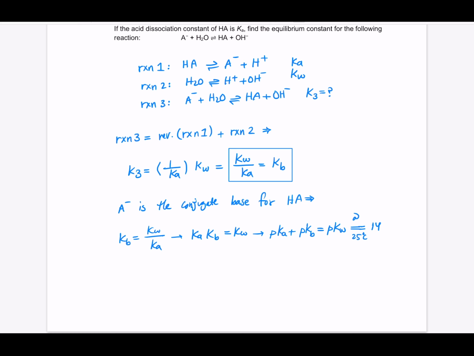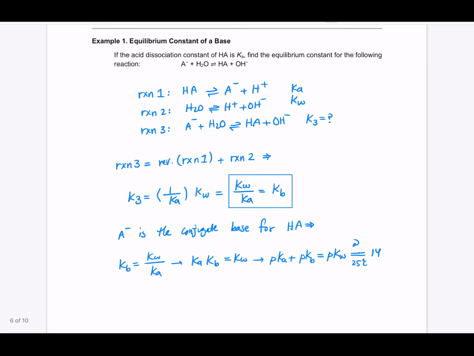A very simple but useful expression. So if, let's say, the pKa of this one is 5, then pKb here is 9. So always the combination would be 14 if we're dealing with a temperature of 25 degrees C.